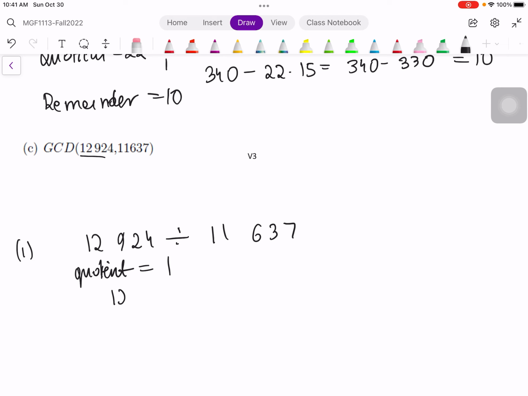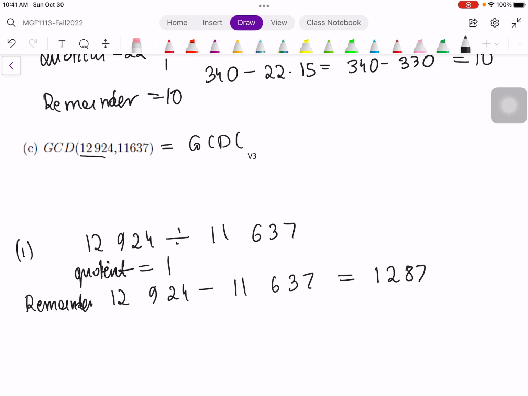So it only fits one time, so only one time this number needs to be subtracted from the original number, and that's going to give me my remainder, right? So that's going to be 1,287. You can do it on the calculator. So that's the remainder. Okay, so this is the same as the greatest common divisor. I keep the smaller number and the remainder.